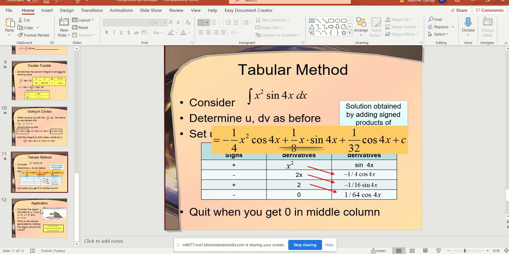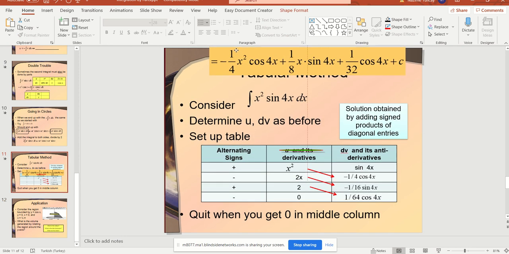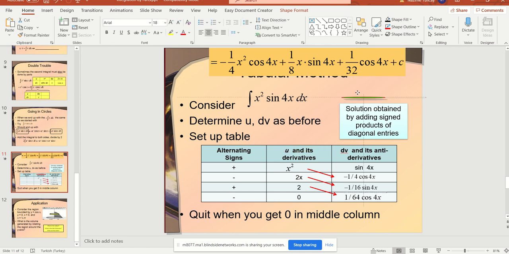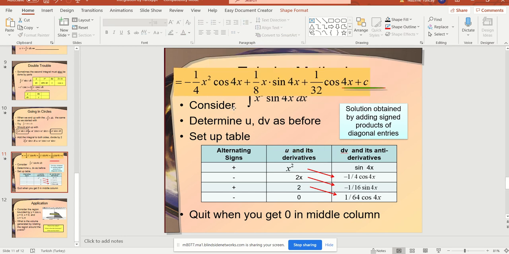Now this is the tabular method. Of course, the LIATE formula is valid for this method also.